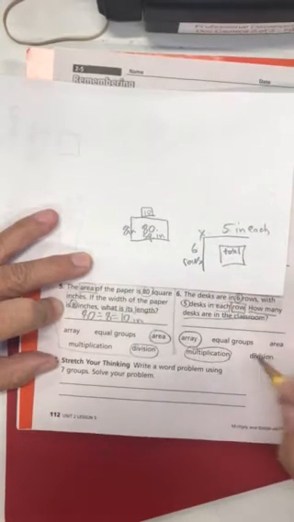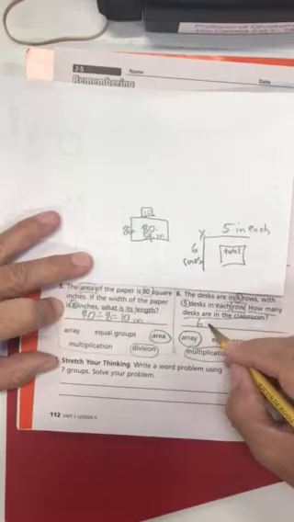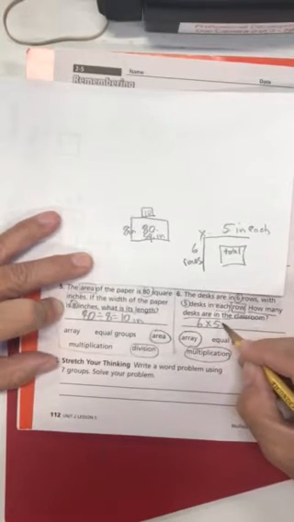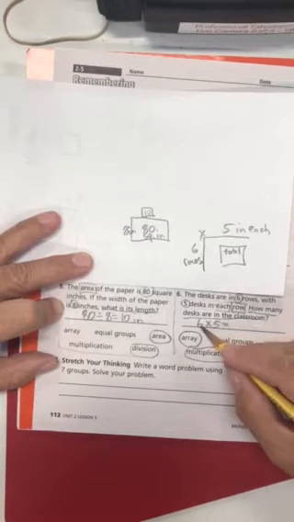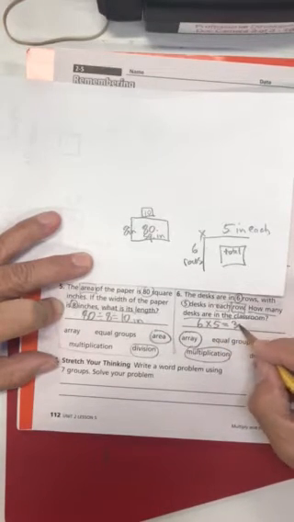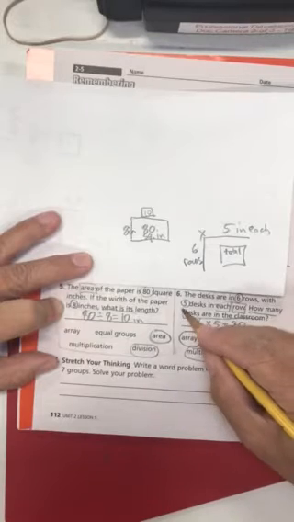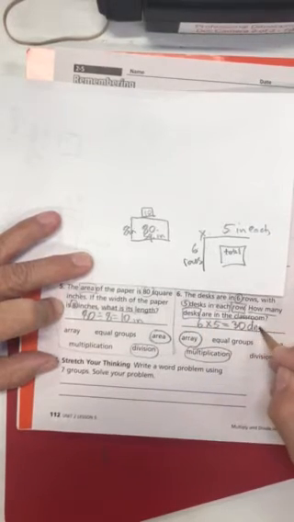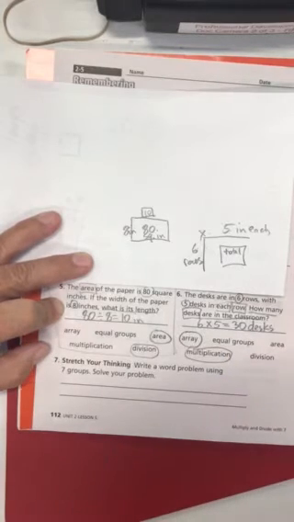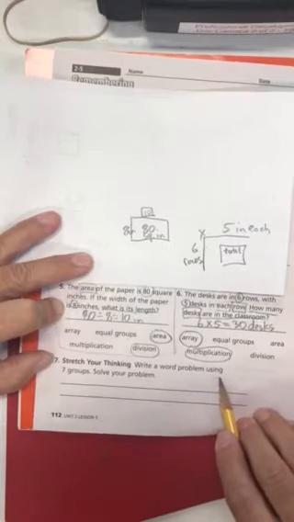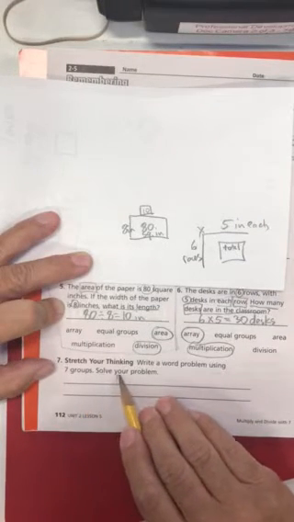So it's array multiplication. 6 rows of 5 equals, what's 6 times 5? You can just count by 5 6 times. The answer is 30. And then our label is desks. And is that a reasonable answer to have 30 desks in a classroom? Yes, it is.